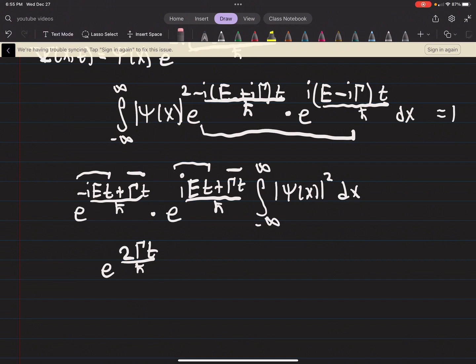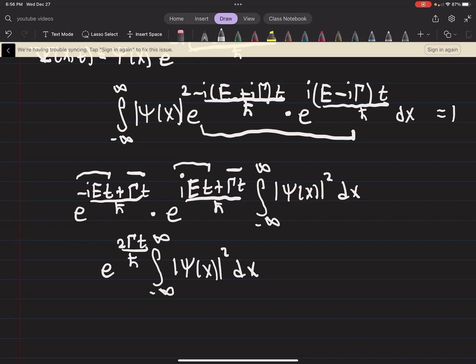I'll write that a little higher. I hate when my exponents are down towards the base. 2 gamma t over h bar. Our integral over all space, psi of x dx.